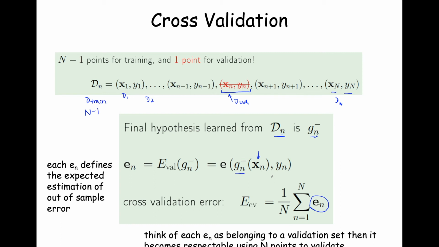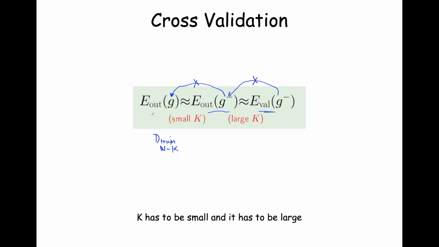Okay? And because this is over each one of these different validation errors, you can think of that as a kind of validation set that involves all N many data points. So as such, in doing this, because D-train is as big as we can get it, that satisfies this small K, right, with large training set.